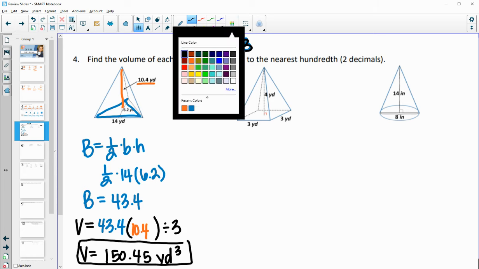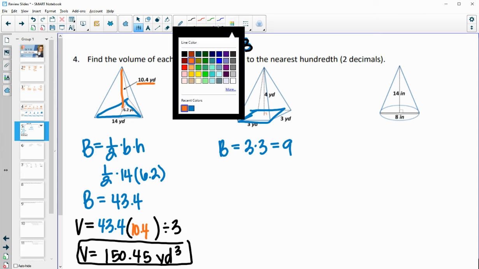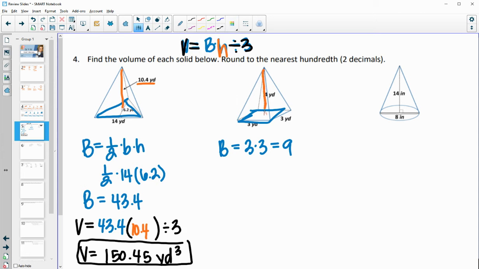Next one, our base shape is a square, a 3 by 3 rectangle. So the area of the base is going to be 3 times 3, so just base times height there. So we get 9 for our base area. Then the height of this pyramid is 4.